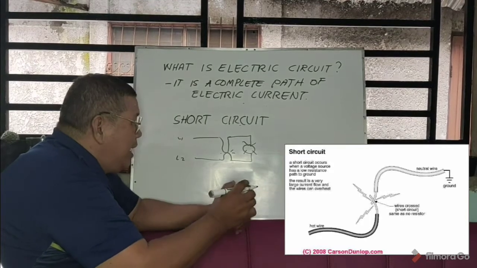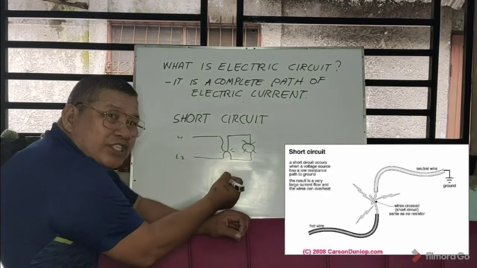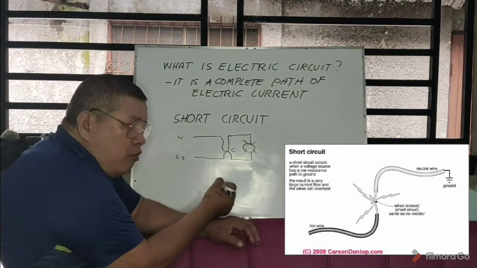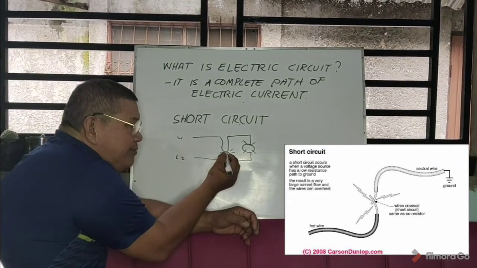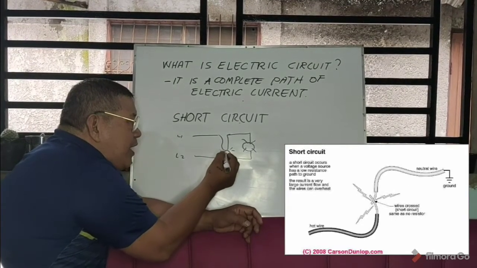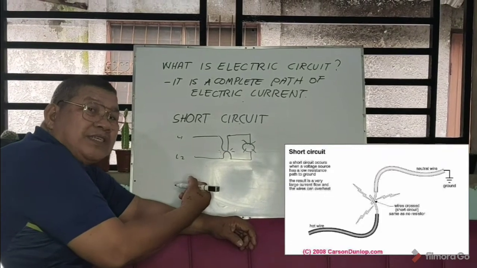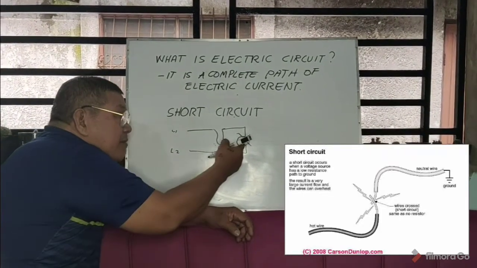Okay? And then the two bare wires, so when we say bare wires, uninsulated wires, touch together. Once they touch, the circuit is known as a short circuit. But the lamp will not light.